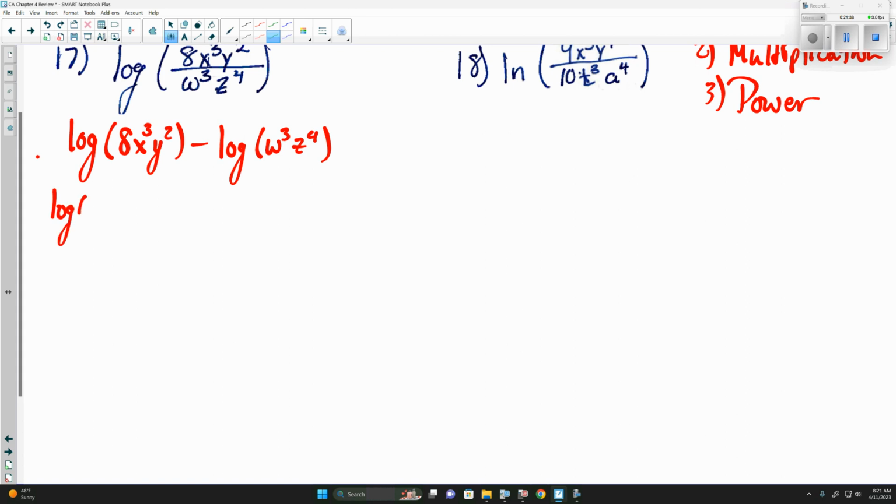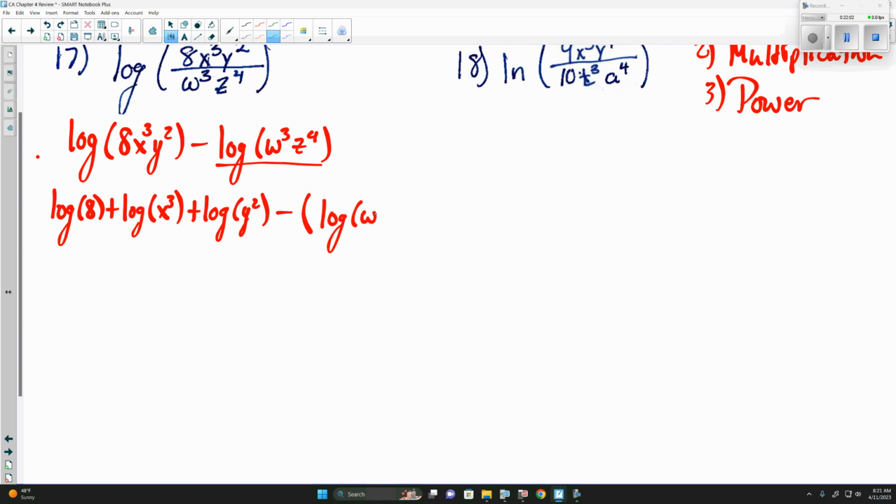So for the first one, we'd have log of 8 plus log of x to the third plus log of y squared minus. We have to be careful with the minus because it's going to have to be applied to all of the ones in the second one, so it's good to put a parenthesis and then apply our multiplication property.